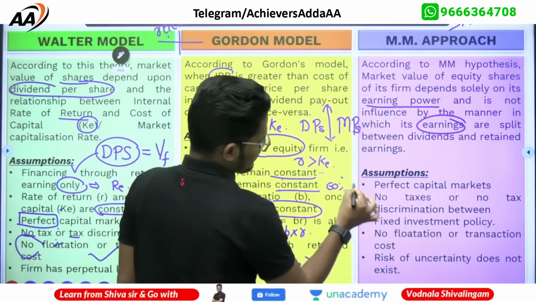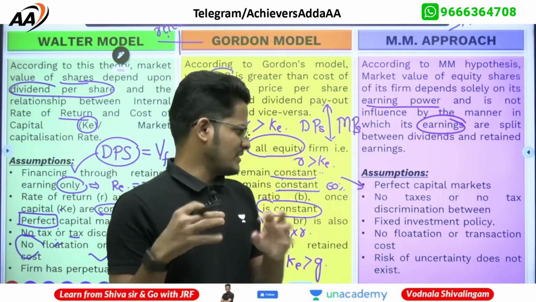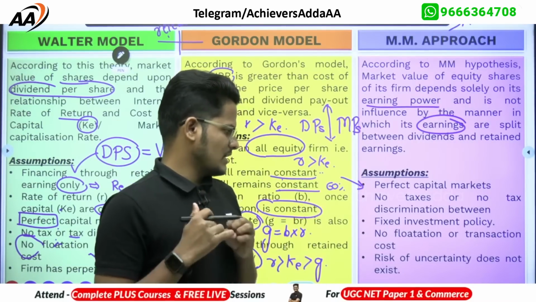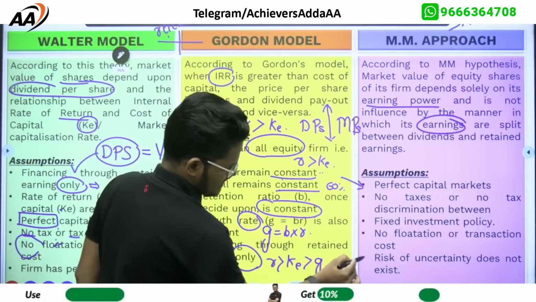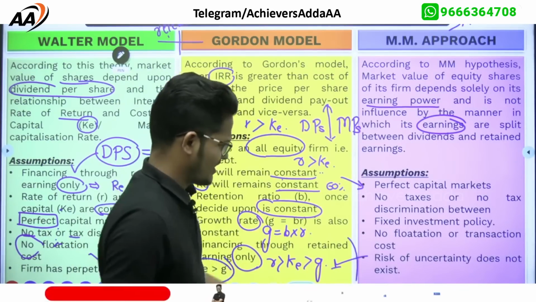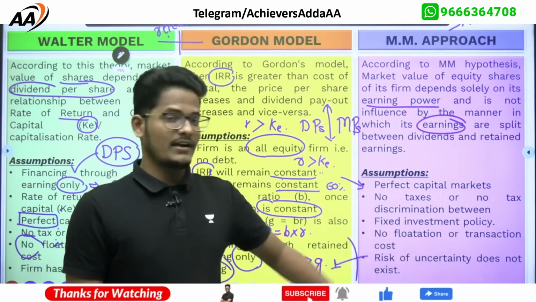As per him, perfect capital markets exist, no taxes, fixed investment policy, no flotation cost, no transaction cost, and risk of uncertainty does not exist. Sorry, this is also wrong. Risk of uncertainty does not exist, he said. I thought it existed.